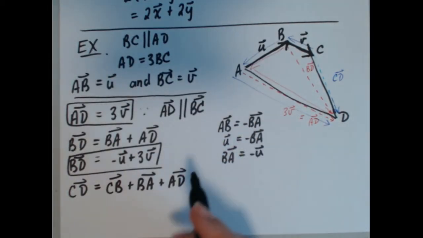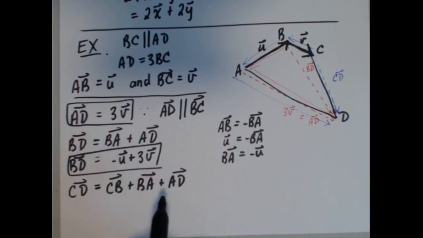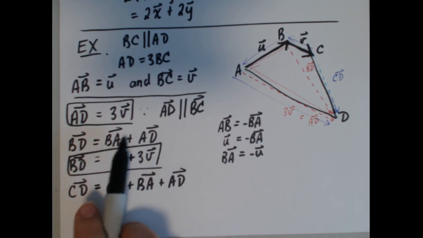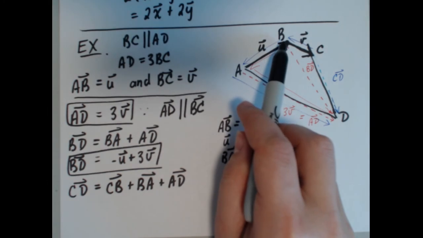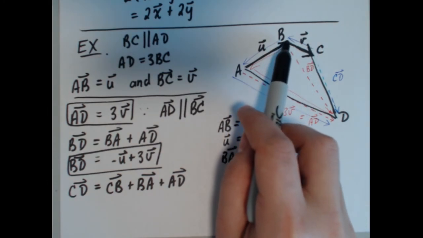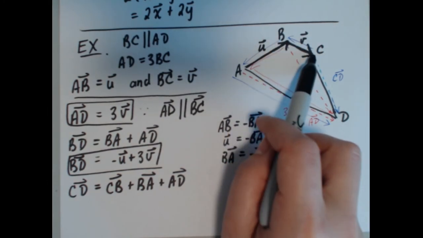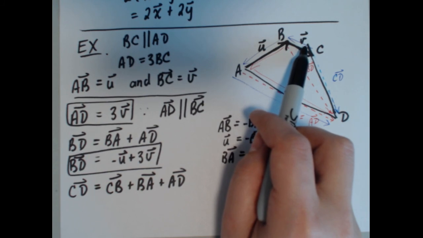Now, looking at this, I already know what the BA plus AD is equal to. It's right here. I already know it's minus U plus 3V. So I just have to figure out what CB is. Now, CB is going in the opposite direction of BC. BC is V. Okay.